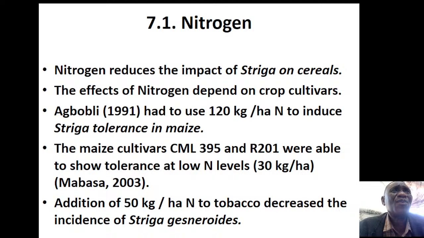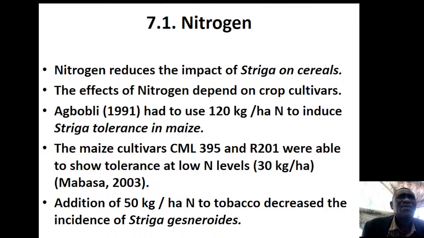Nitrogen: most soils which are depleted in nitrogen are the soils where we find the Striga problem. So nitrogen actually reduces the impact of Striga on cereals.